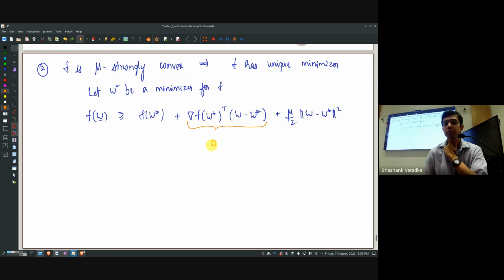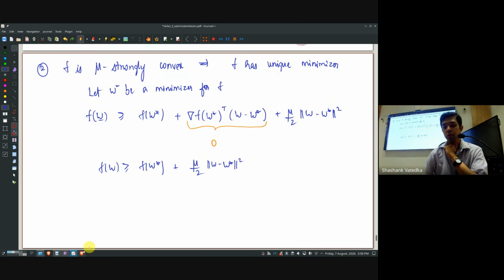So the second term is equal to 0. So f of w is greater than or equal to f of w star plus mu by 2 norm w minus w star squared.